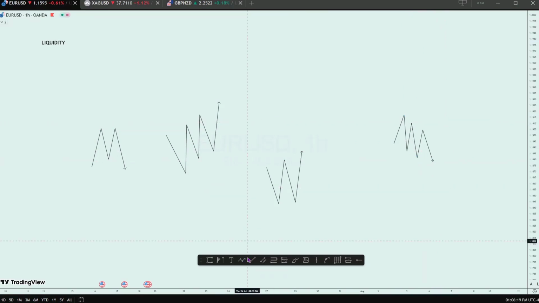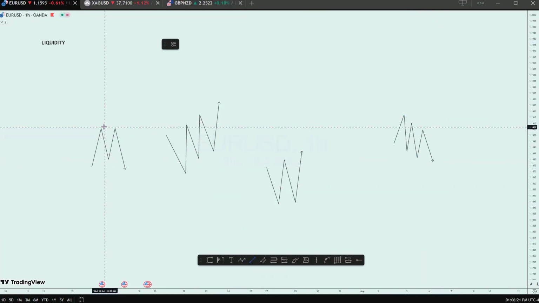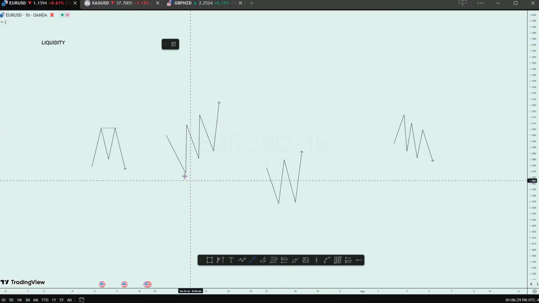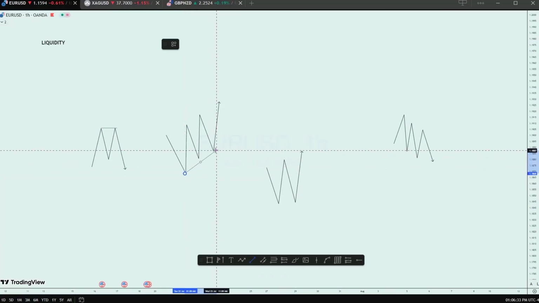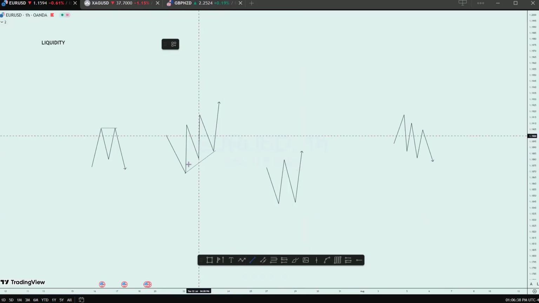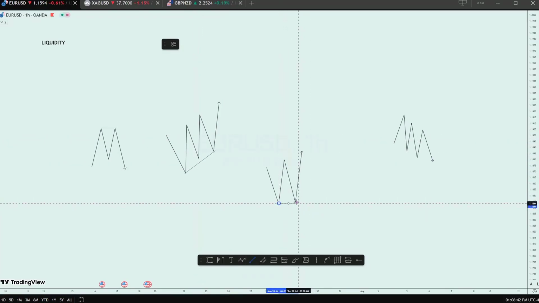These are all liquidity. Double bottom. Like I said, liquidity is money. Liquidity is where people's stop orders or limit orders are resting. All these are liquidity build up.